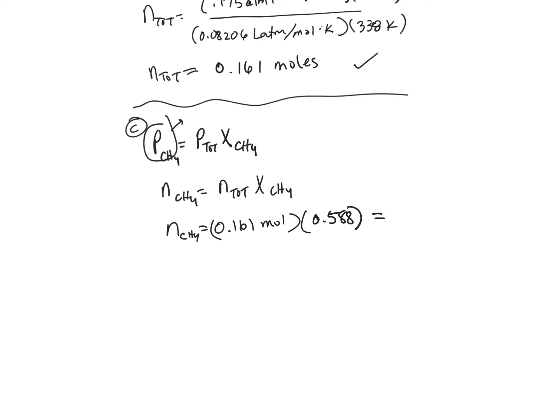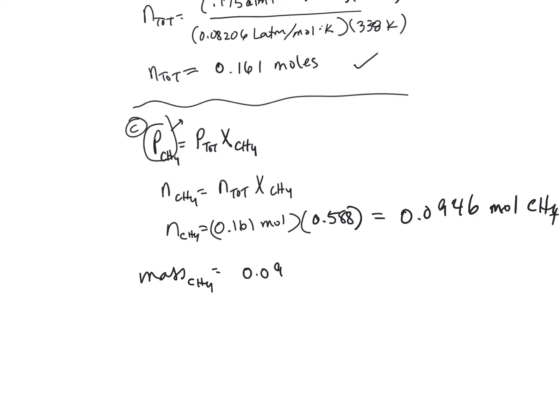Okay, and then you have 0.161 times 0.588, and this one is 0.0946 moles CH4. And then if you want the mass of methane, you take the moles and multiply times the molar mass.